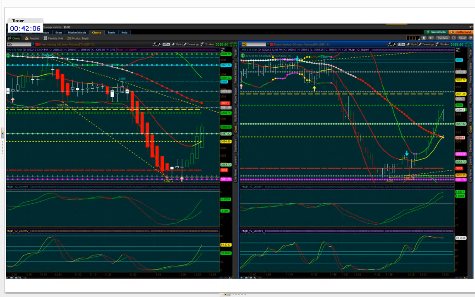Sorry. So now I'm long NQ right here on this pullback.